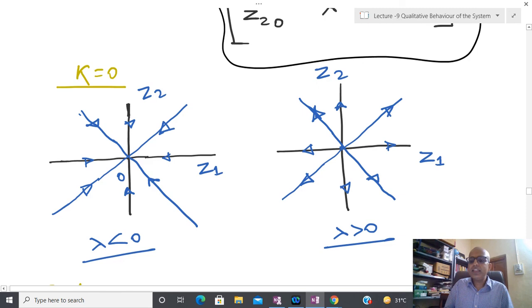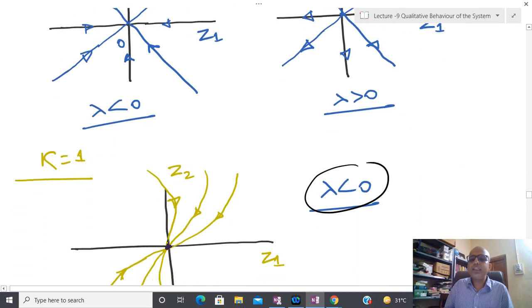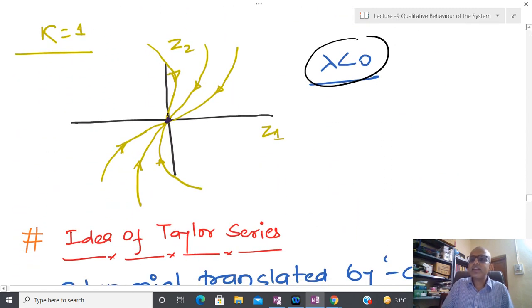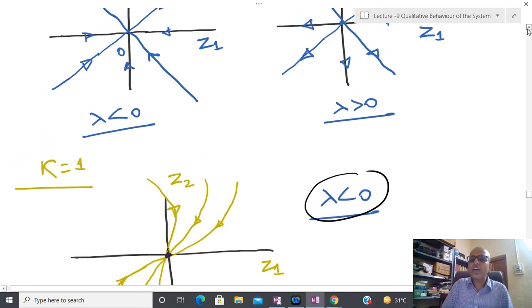Okay, so these are the behaviors of the linear system, and in the next class I am going to see how this analysis is useful in the case of nonlinear systems. Okay, so it is time to conclude today's lecture.